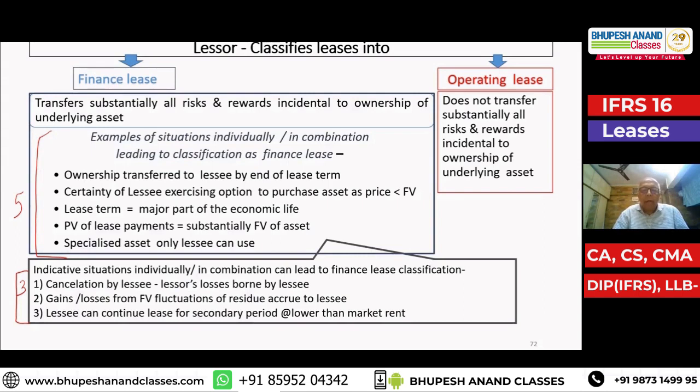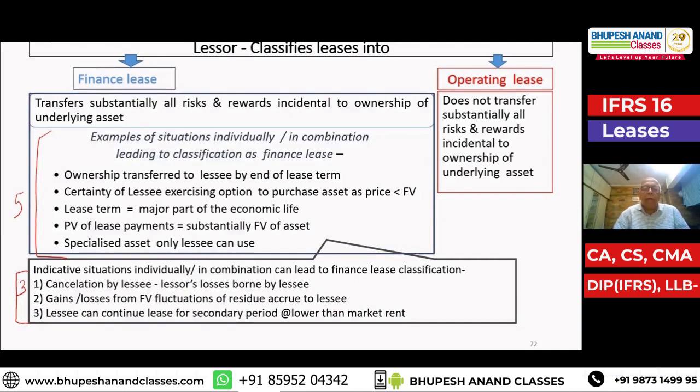Similarly, many times there are contracts made where life is 25 years, rent period is 10 years, and at the end of the rent period, the asset can be bought by the lessee for 100 rupees. Now, the lessor is bound to recover the full money.